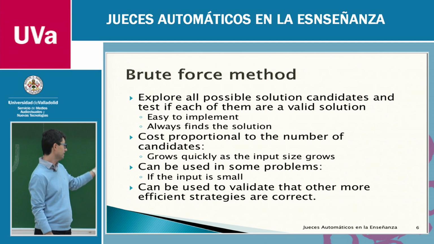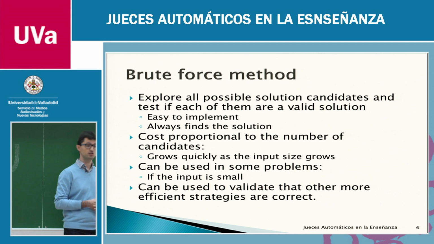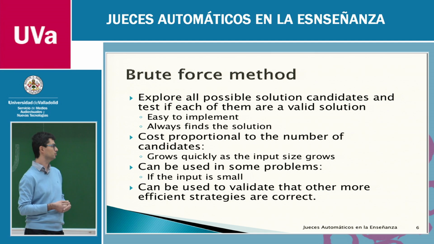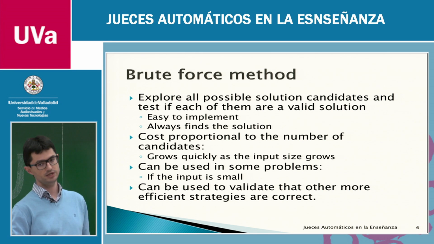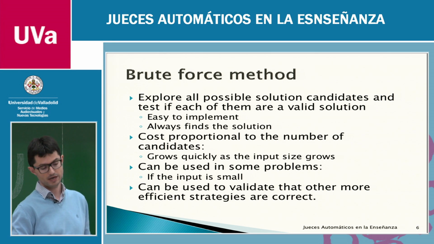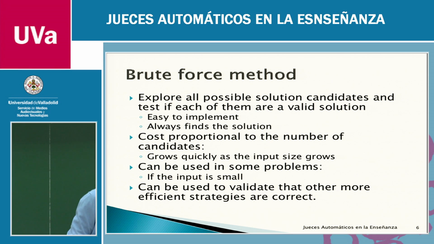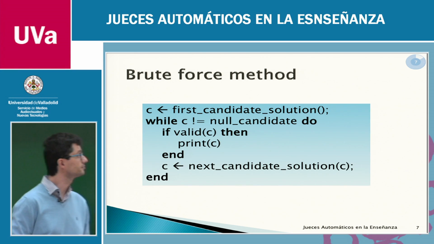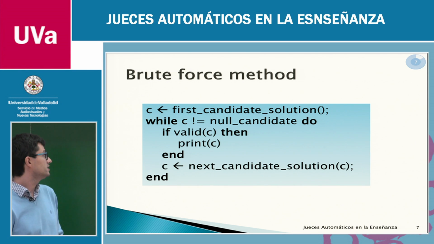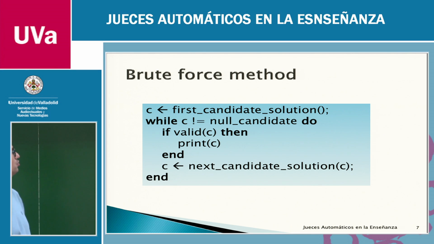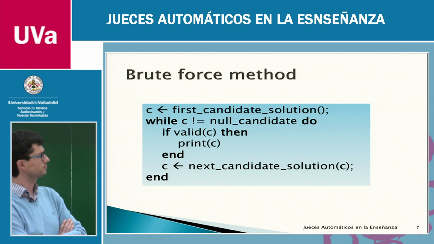Finally, as I said before, it can be used to validate other things. If you have a good solution, maybe dynamic programming or so, and you're not sure if it's working, maybe an easy solution using this can help you check or find what is not working properly. This is the basic scheme of a solution using this strategy.